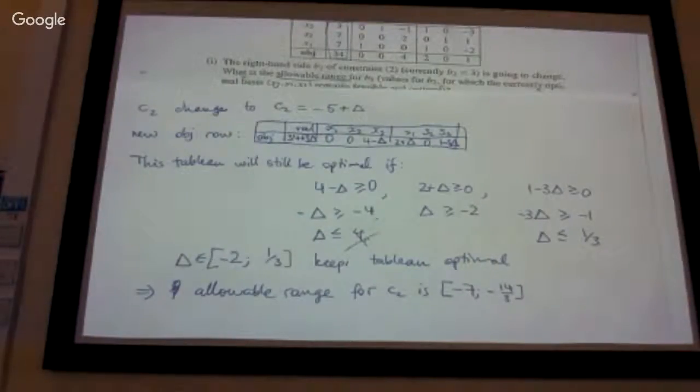So as long as you keep C2 in this interval between -7 and -14 thirds, then the base is going to stay optimal. The tableau is going to change, but we won't have to do it. That's also part 2. Any questions?